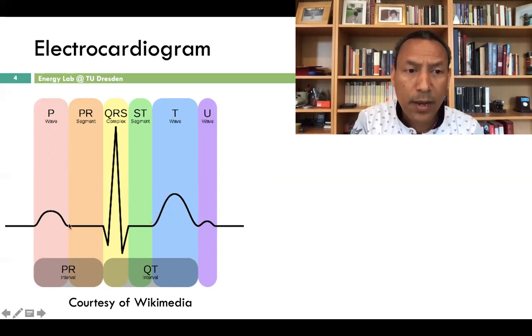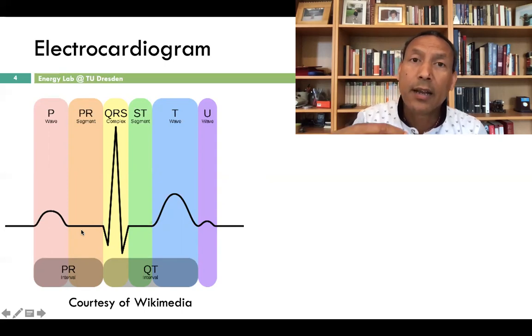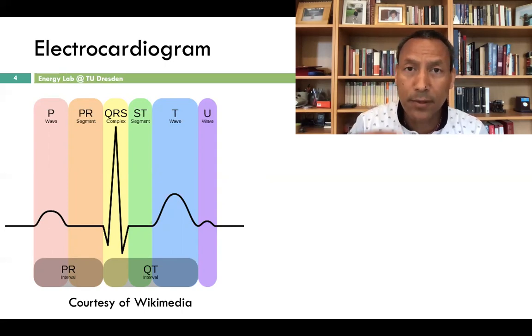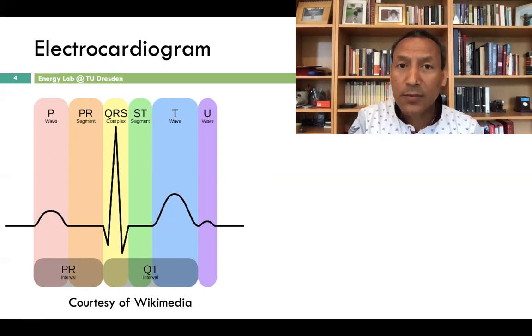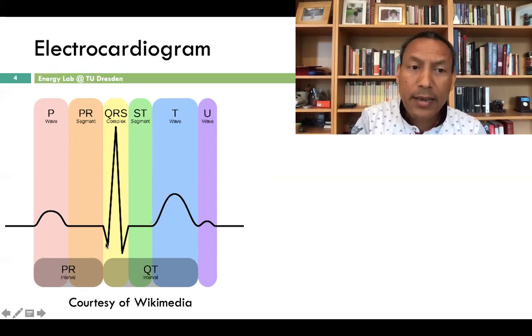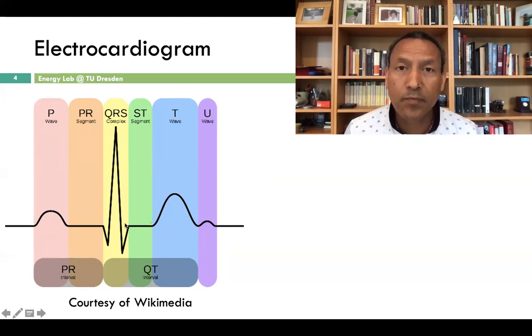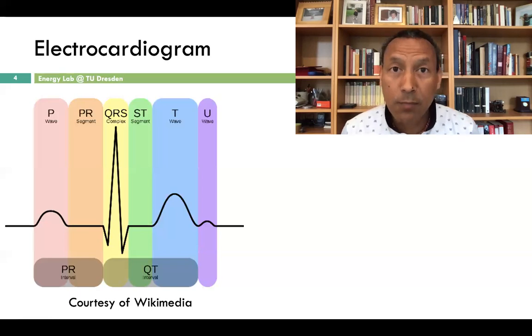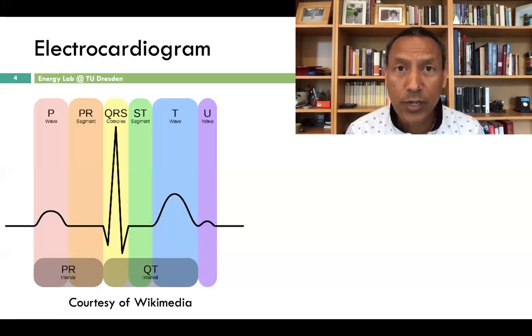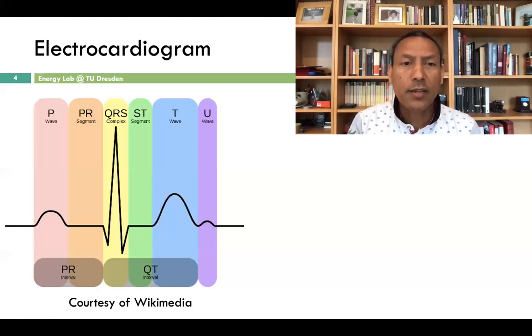And so this segment refers to the time the blood takes to fill up the ventricles. Once the ventricles are full, then this QRS wave complex will be observed. This is the result of the depolarization of the ventricles. And this is a very critical wave complex to observe so that we know the heart is properly functioning.